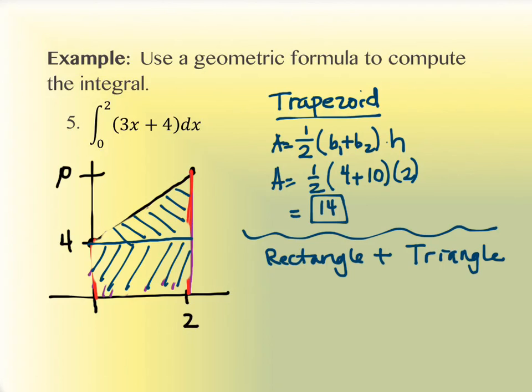The rectangle would be length times width, which would be what on this rectangle? 4. Yep, 4 times 2, so you get 8 for that piece. Triangle, the area is 1/2 base times height, right?